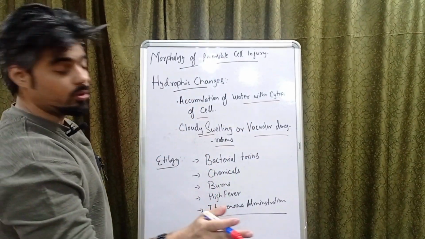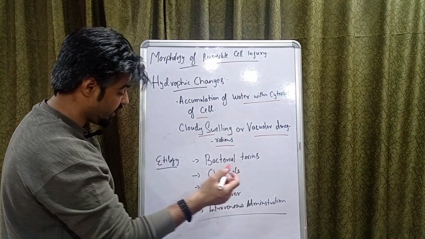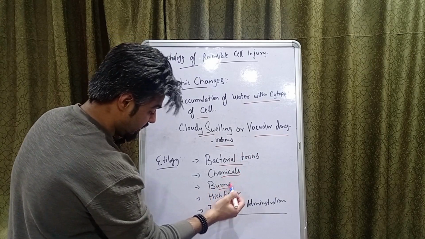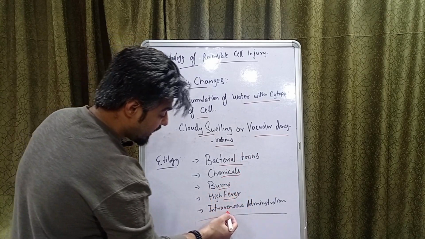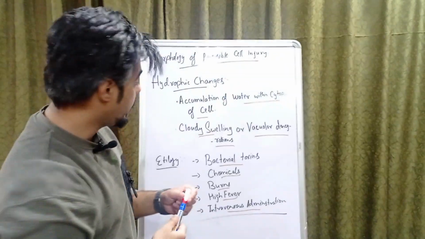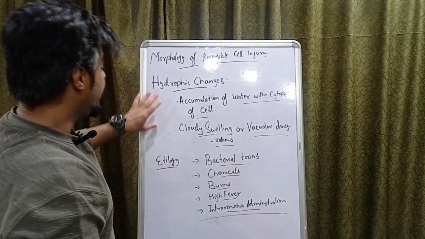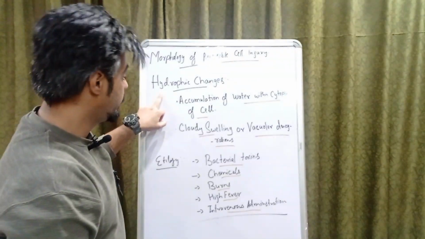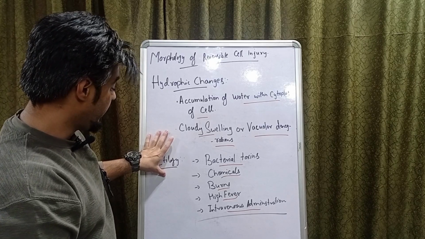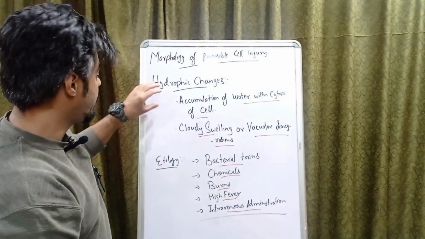Now, let's come to etiology. The etiology is bacterial toxins, chemicals, burns, high fever, and intravenous administration of some isotonic fluids, due to which hydropic changes will occur. Before we come to the pathogenesis, I will repeat once again.